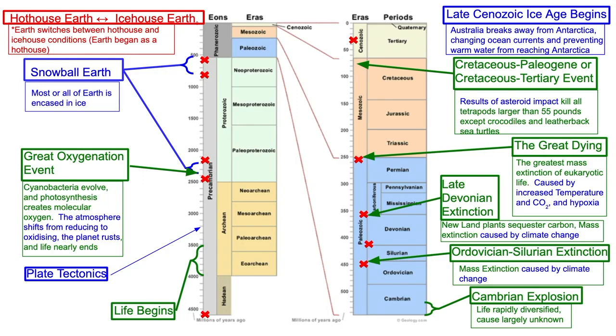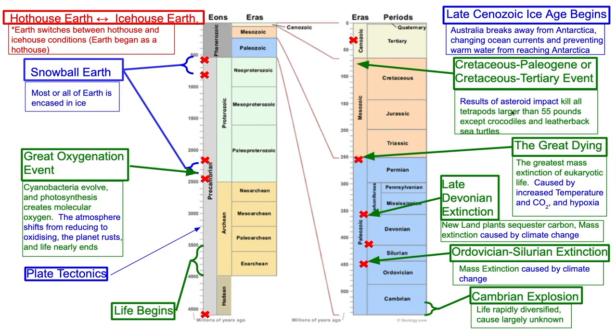So when this occurred about 2.5 billion years ago, this is when we have cyanobacteria evolve photosynthesis, creating molecular oxygen. When this happened, the atmosphere changed dramatically, and instead of being a reducing environment, it became oxidizing and the planet rusted. This is significant because when this shift happened, life nearly ended.